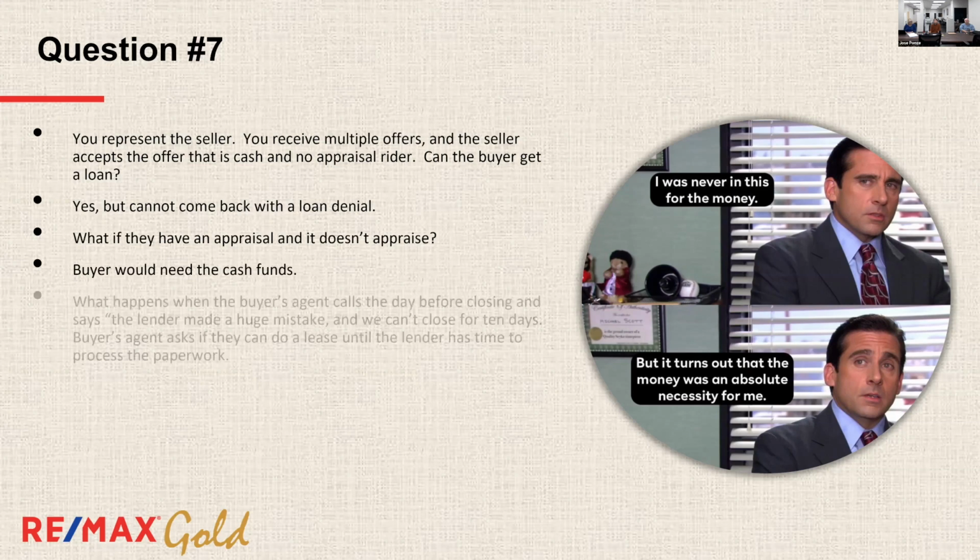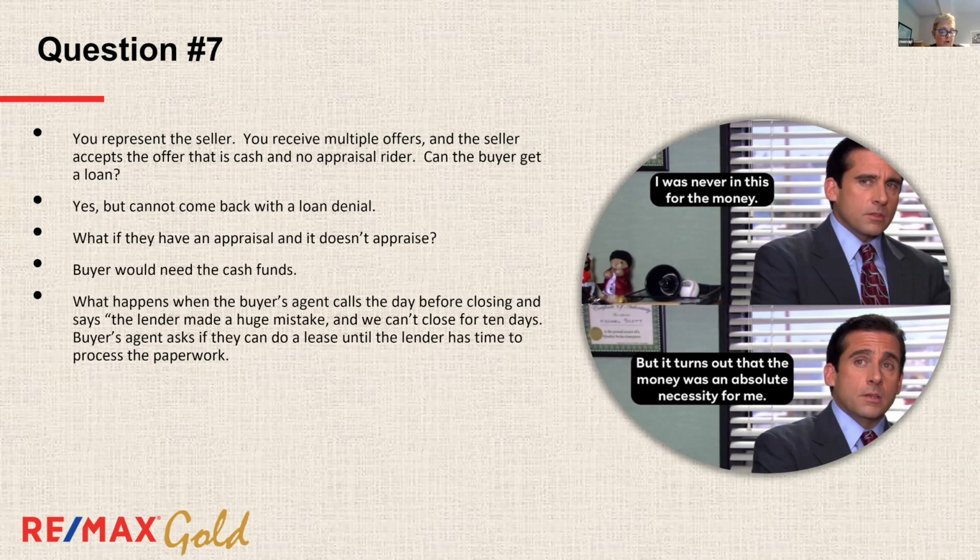What happens when the buyer's agent calls the day before closing and says, the lender made a huge mistake and we can't close for 10 days? Buyer's agent is asking if they can do a lease until the lender has time to process the paperwork. Mona? Well, there's a lot of different options. Number one, you can ask for non-refundable earnest money.